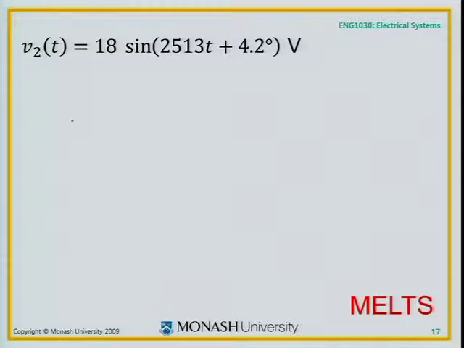10, 9, 8, 7, 6, 5, 4, 3, 2, 1. So 54, sorry, 54 out of 86 said C. 18 at angle minus 85.8, which is correct.